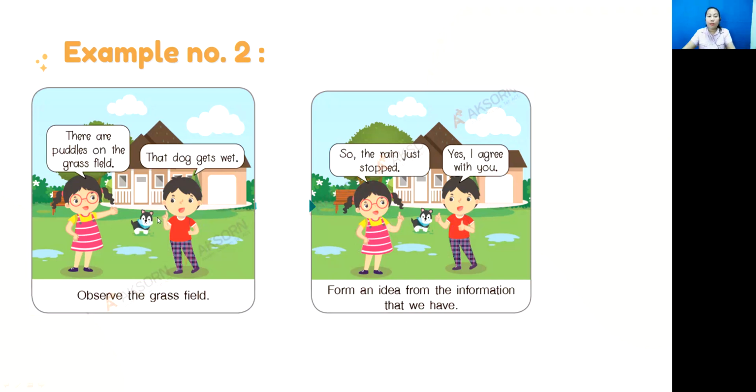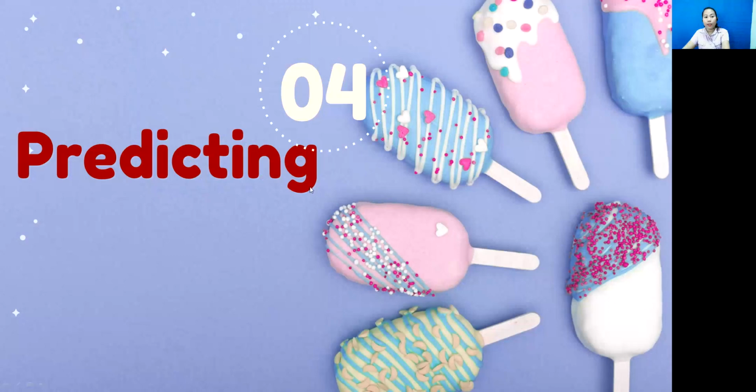We infer by using our observation, or based on our observation. So this is for inferring. Okay, so let's practice. When you see a cloud that is very dark, what do you think could happen?